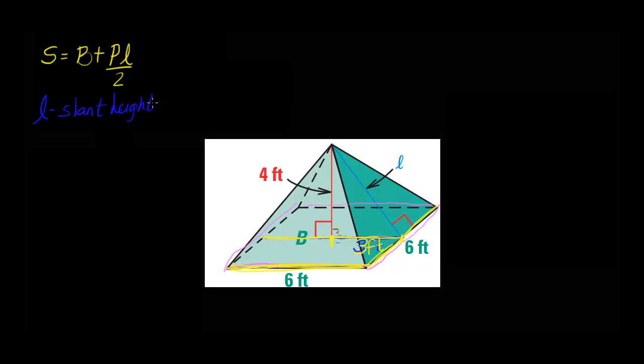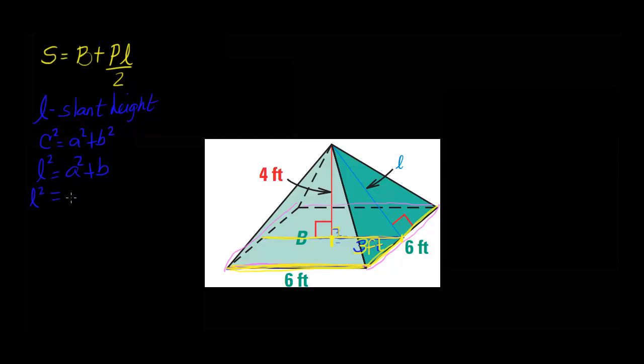C squared is equal to A squared plus B squared. C squared is the hypotenuse, which is the side straight across from the 90-degree angle, and that is also my slant height. So instead of C squared, I'm going to write L squared, which is equal to A squared plus B squared, and let's plug in the values.